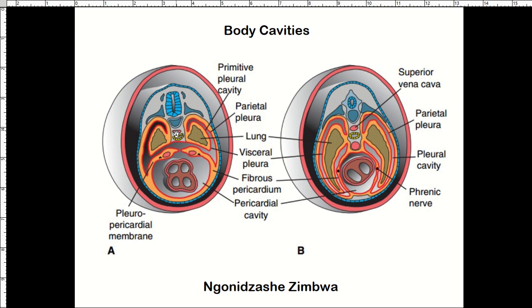So here we want to talk about how these cavities are going to develop and how they are going to be separated into compartments, because postnatally these cavities are divided, they are compartmentalized, they are not continuous. So let's get into it, guys.